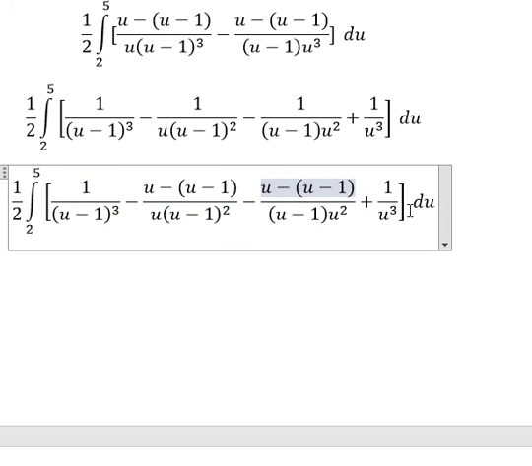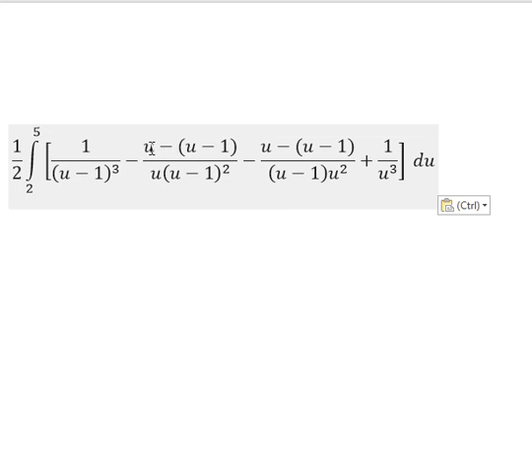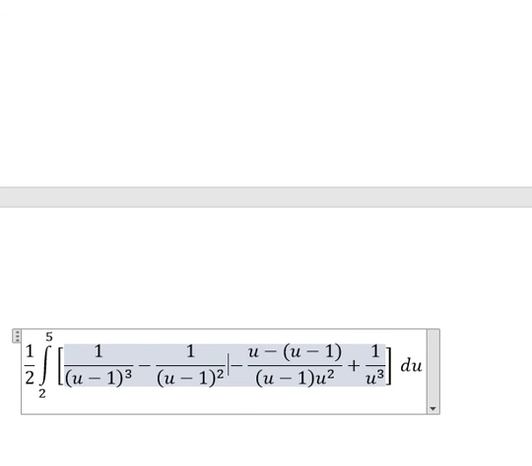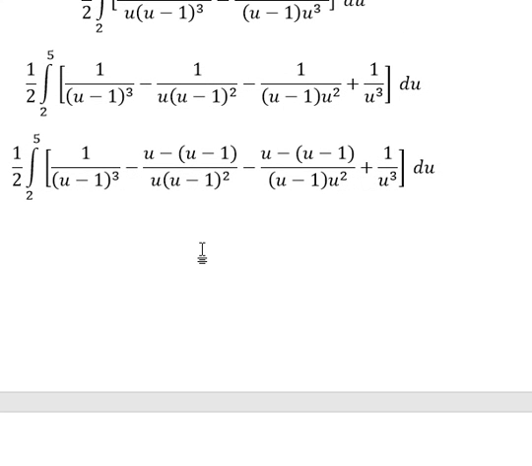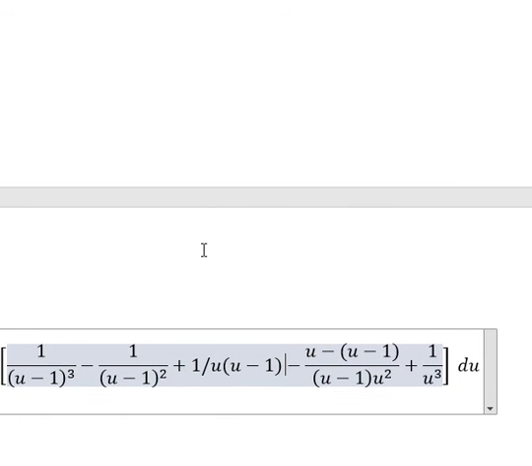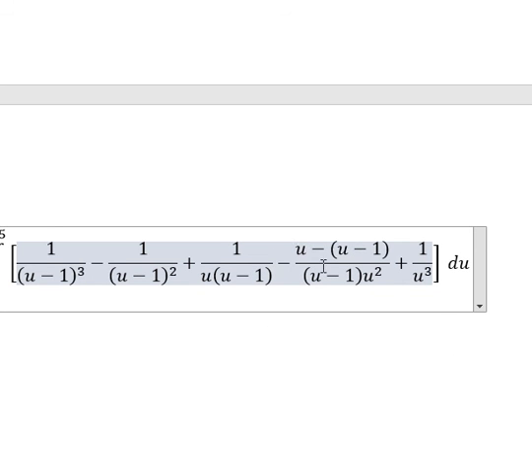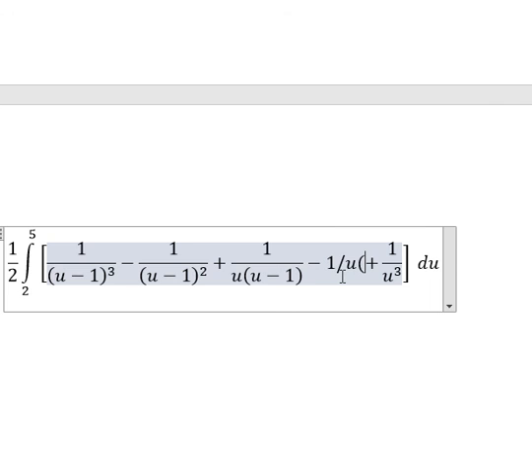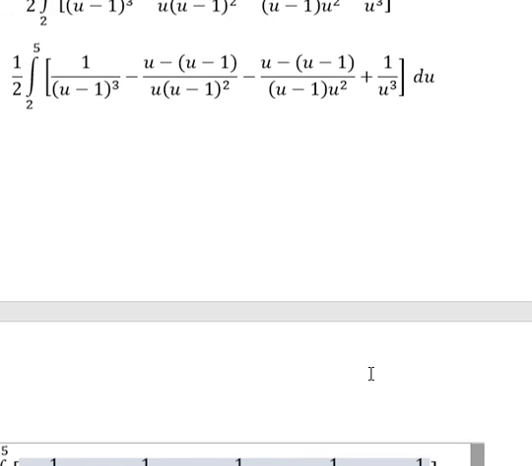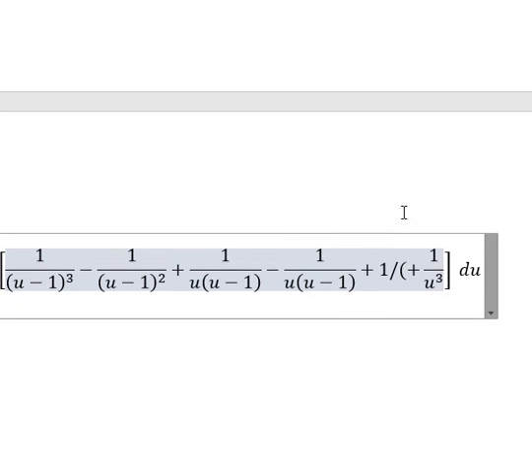So we have u divided by this one, you get negative u multiplied by u minus 1, and here we have positive 1 over u squared.